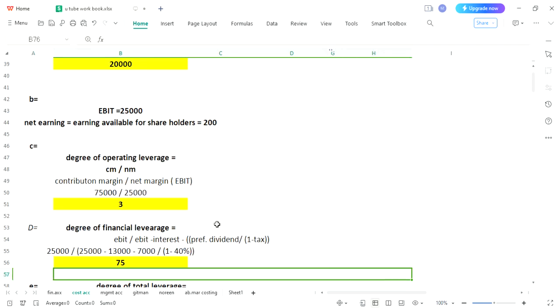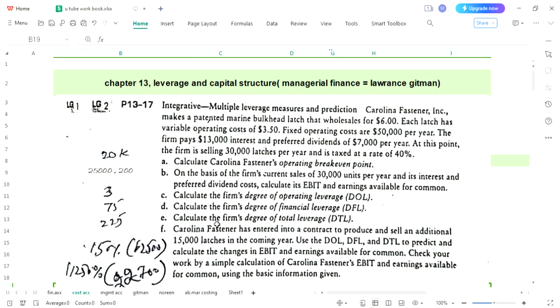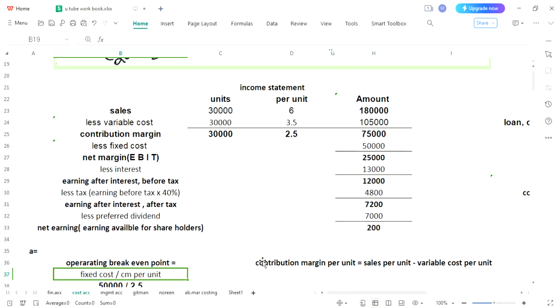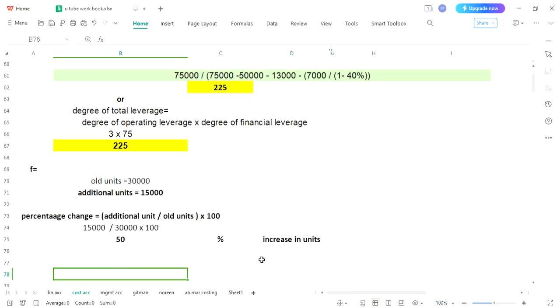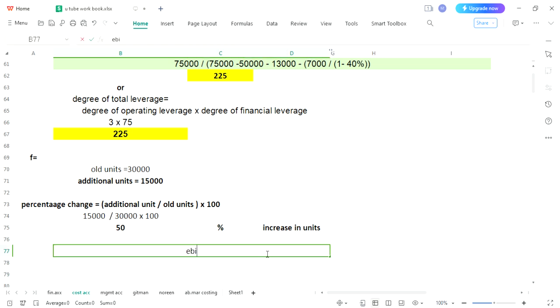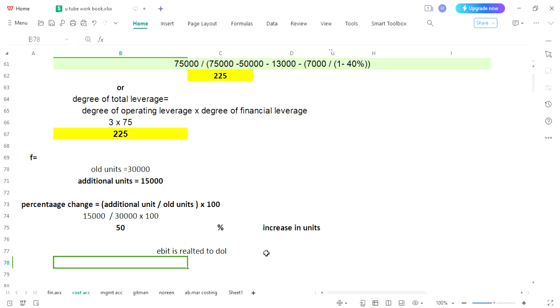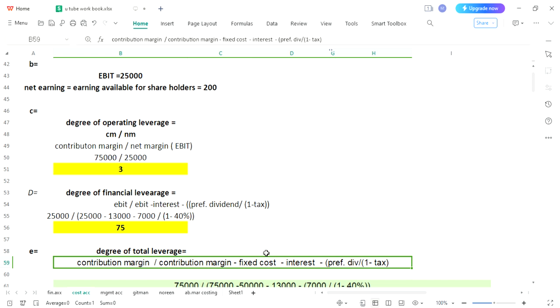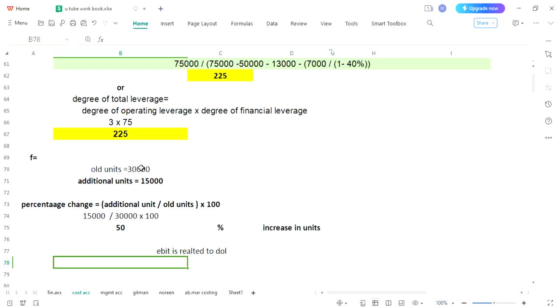So let's get back, and what else is required in our question? We need to use degree of operating, financial, and total leverage, EBIT. And as you know, your EBIT is related to degree of operating leverage. Please note it down. It's very important because in degree of operating leverage, we use EBIT or net margin. Your previous degree of operating leverage which we have calculated is here 3. We should note it down.